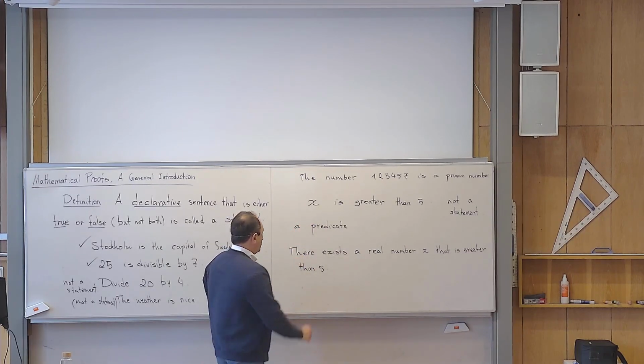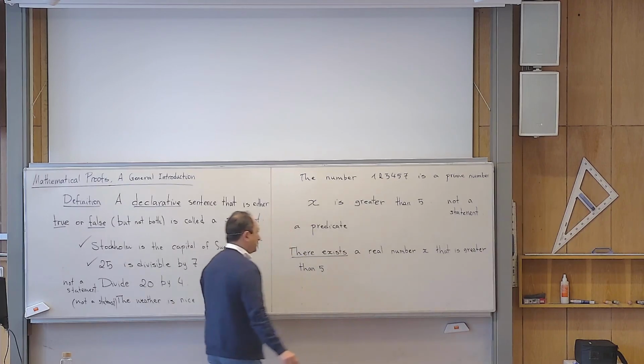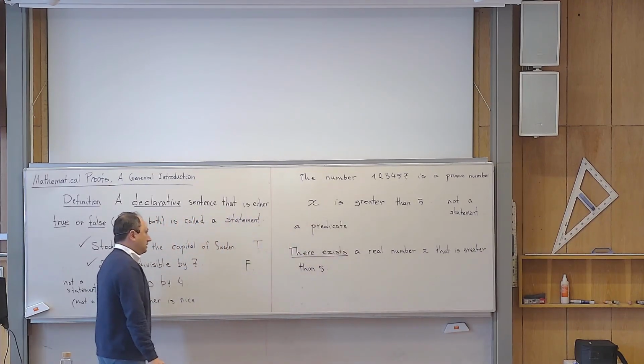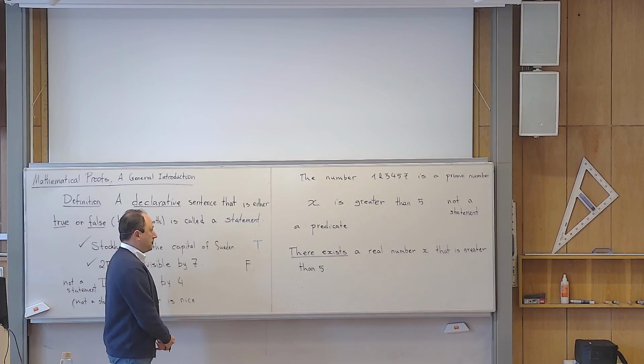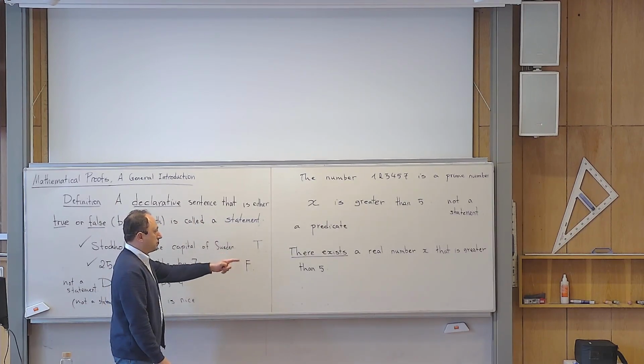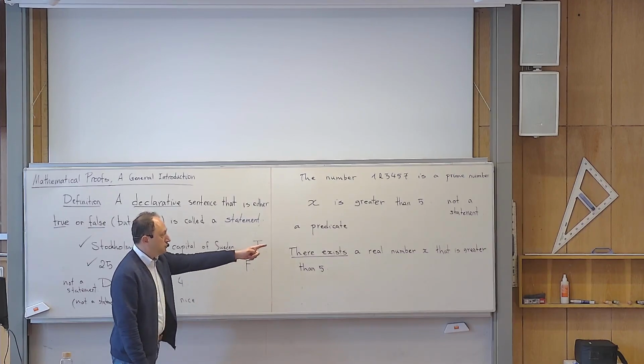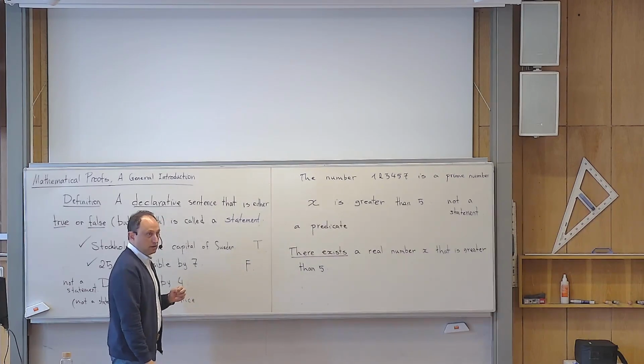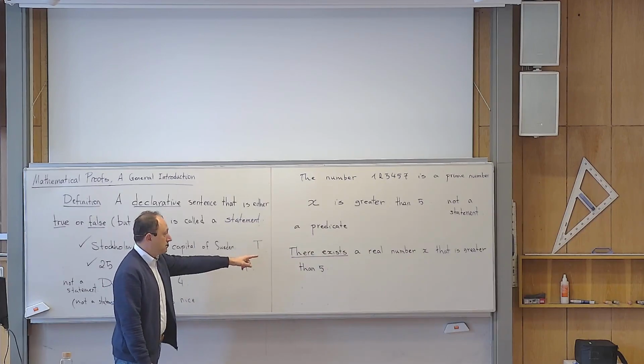I am adding a phrase: there exists a real number x that is greater than 5. Now, of course, this is also a declarative sentence. It declares something, and it still includes your variable x. But now my question is, is this a statement or not?